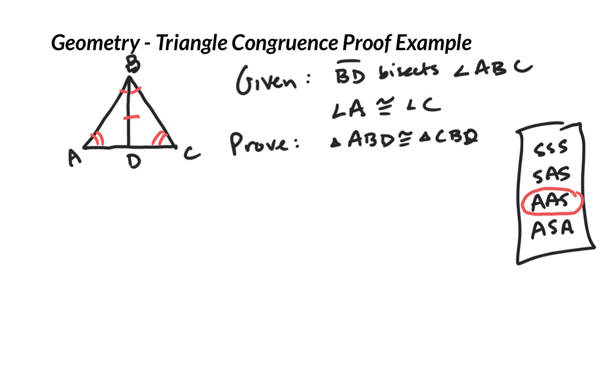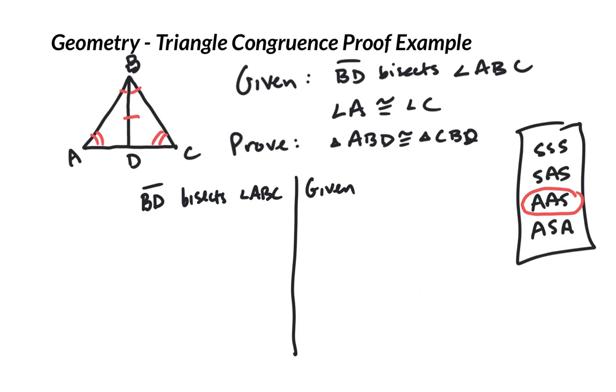I always like to start by just writing the givens again. So in my two-column proof, I'll say that was given. Now, you need to then say, well, what do I know? Because of this given, what do I know? And again, we're trying to establish those three pieces that give us congruence.